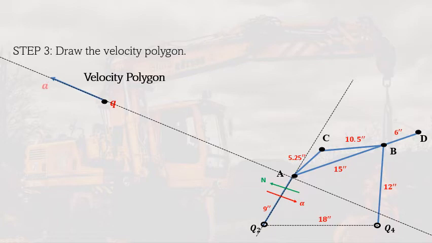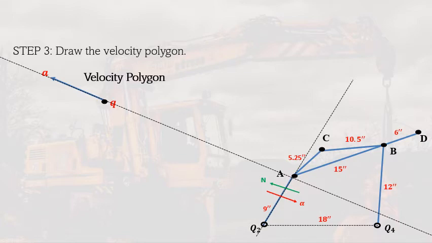Now that we have the velocity of A drawn in the velocity polygon, we can think of another point that we will get. You can see here there are other points like B, point C, and point D. The technique in choosing the next point is to select a point where we know the direction already.